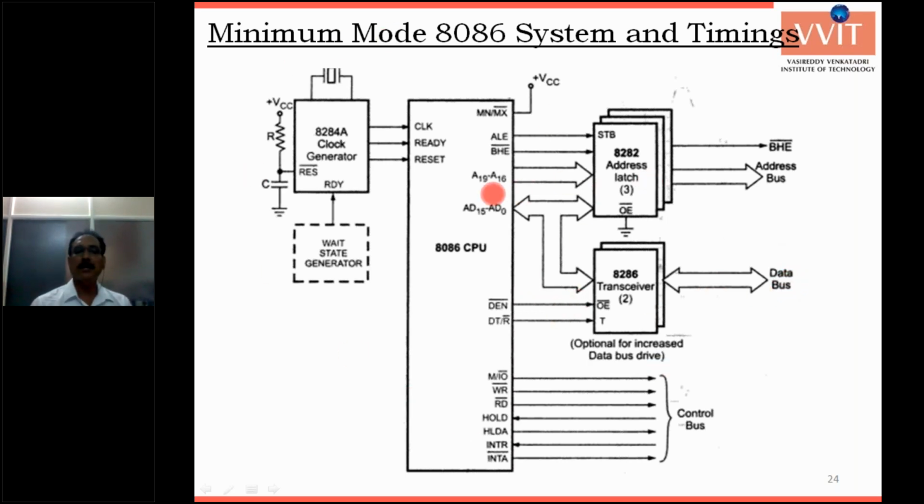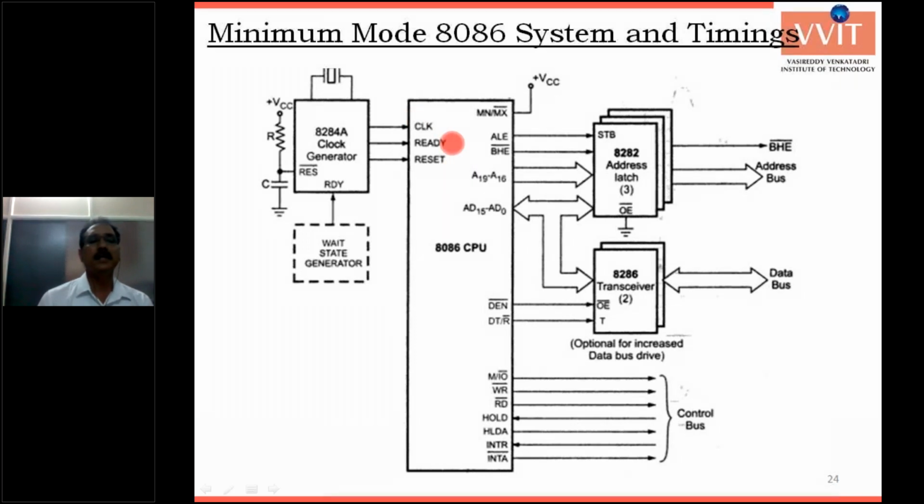This is the main block diagram of the minimum mode configuration. Now this is the 8284, which generates the clock, reset and ready signals of the 8086. Reset and ready pins are pin numbers 21 and 22. Clock is pin number 19.